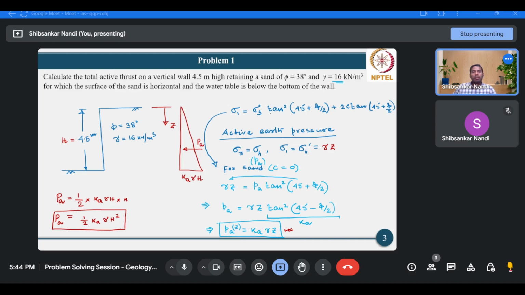Since we were dealing with sand there, we neglected the second component, the cohesion component. However, for the present problem this is not the case, so cohesion will be there, at least for the top layer.